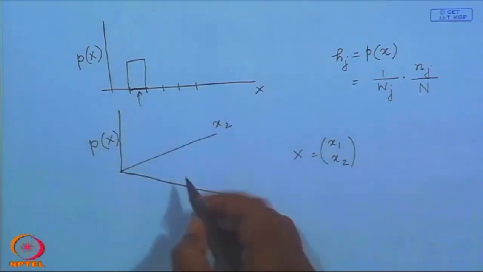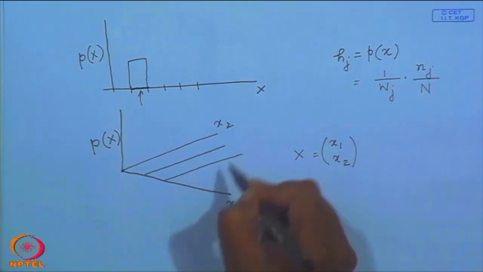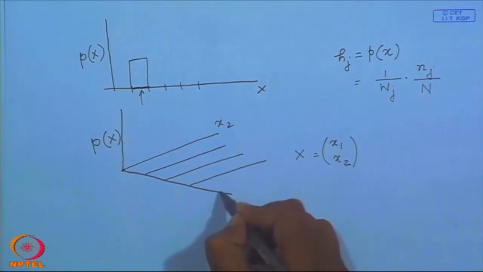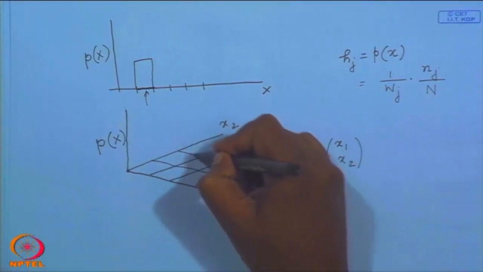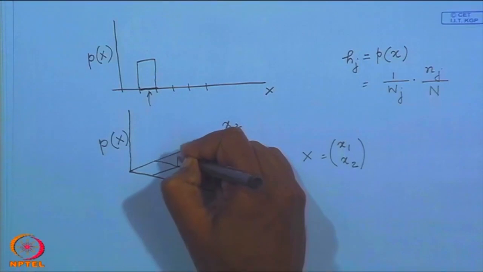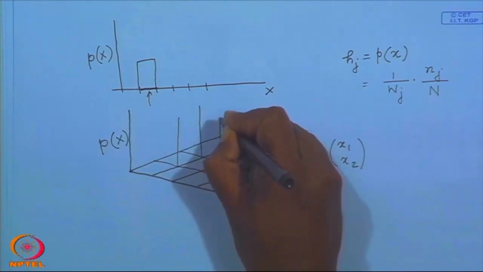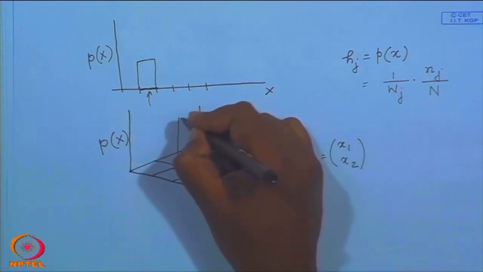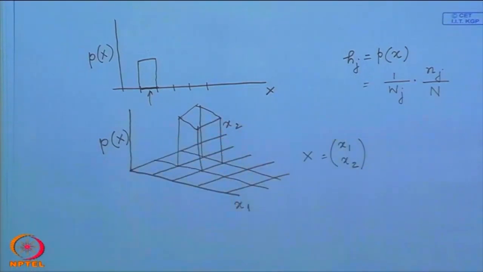Following the same concept, we divided this x1 x2 plane into a number of bins like this, where each of these bins is now a rectangle, and the probability density value over a bin will be represented by a bar something like this, where this bar will have a volume.